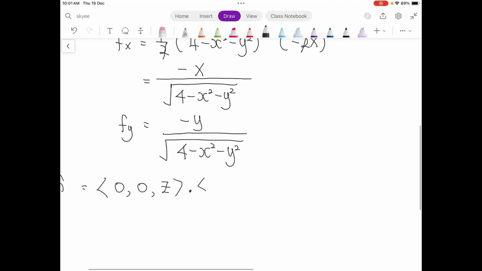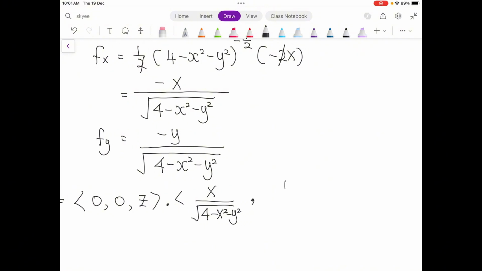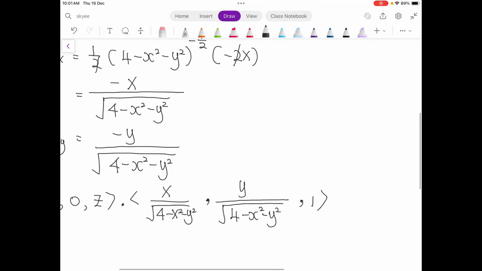We have negative fx, which becomes positive, so you have x over the square root of 4 minus x squared minus y squared. Then comma, negative fy gives you y over the square root of 4 minus x squared minus y squared. Then comma, you have 1.